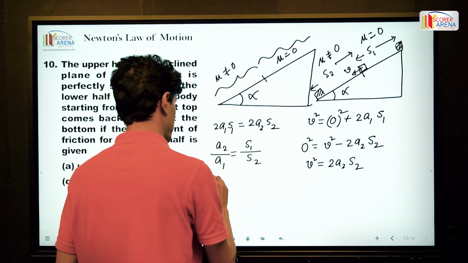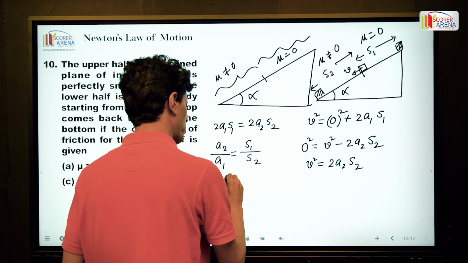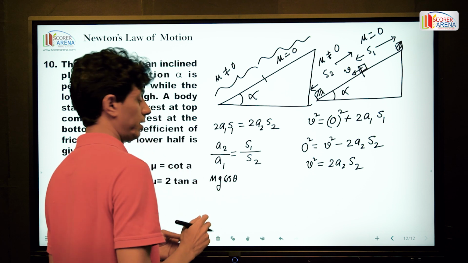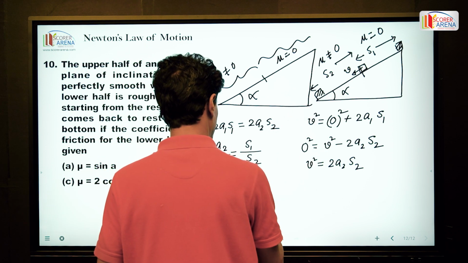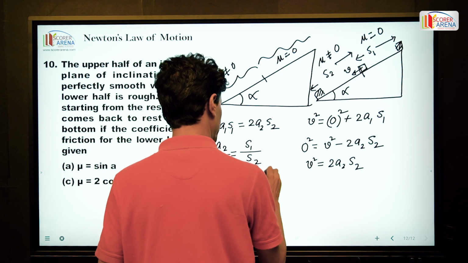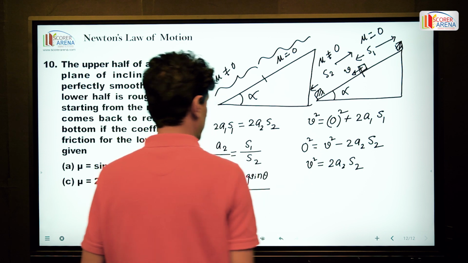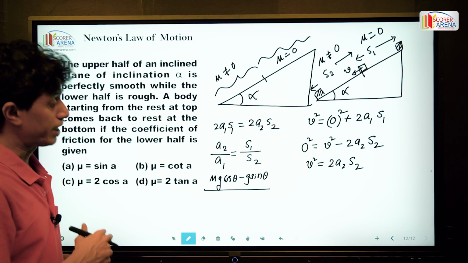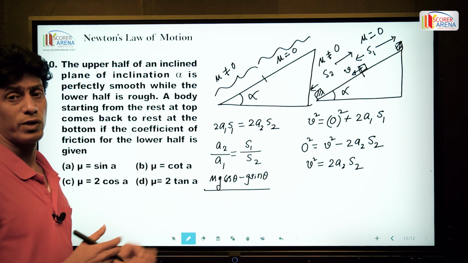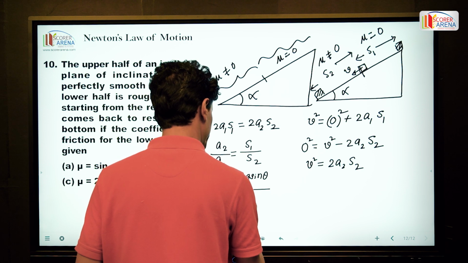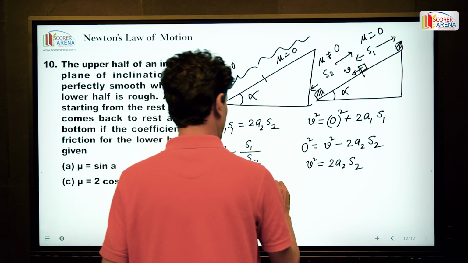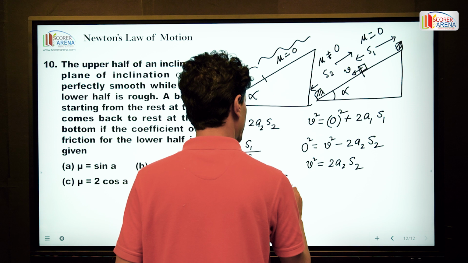Retardation in the rough part is mu g cos theta because of the friction minus g sin theta because of gravitation, and acceleration a1 in the smooth surface is g sin theta due to gravity, and this is s1 by s2.